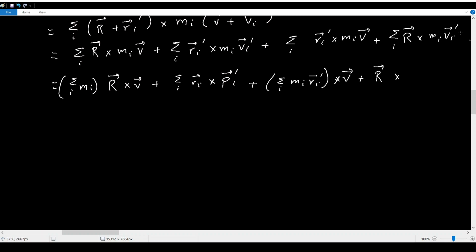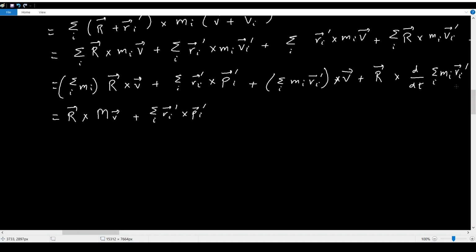And this is d by dt of r, so I'm just going to write this as d by dt of the summation over i of m_i r_i prime. So again, each one separately, this becomes the total mass, so R cross total mass V plus, and I'm just going to write this. Okay, this was a prime here which I missed. Yeah, I'm just going to write it as it is. This is in the form that we desire.